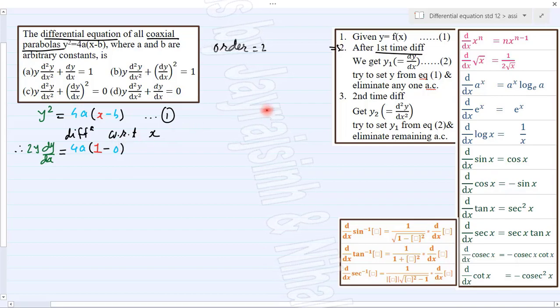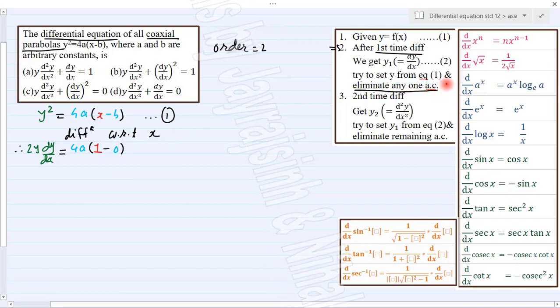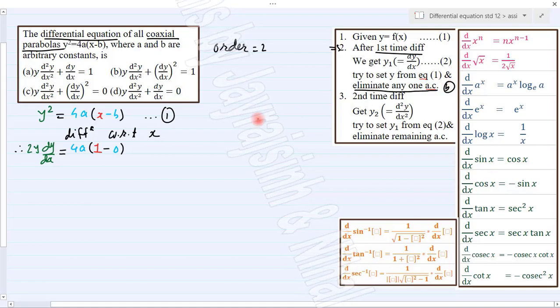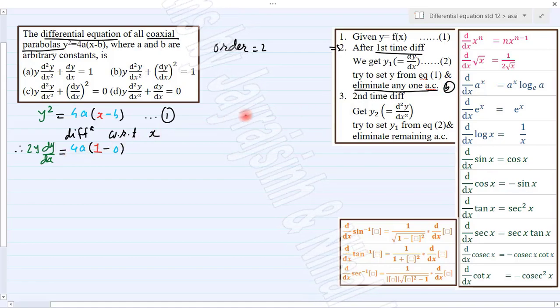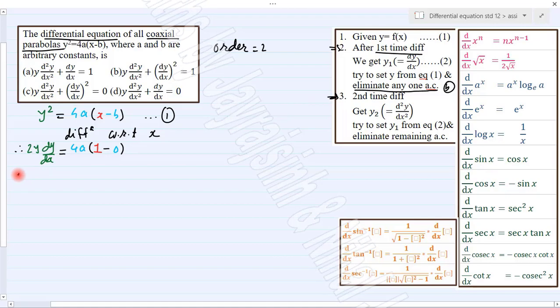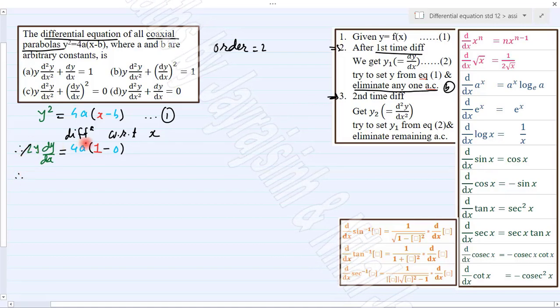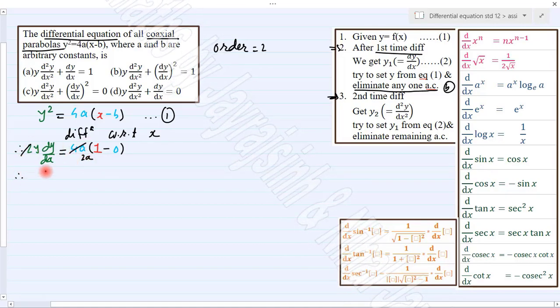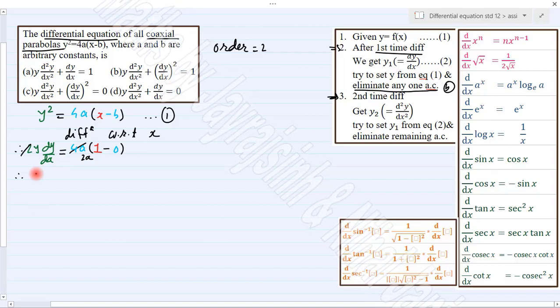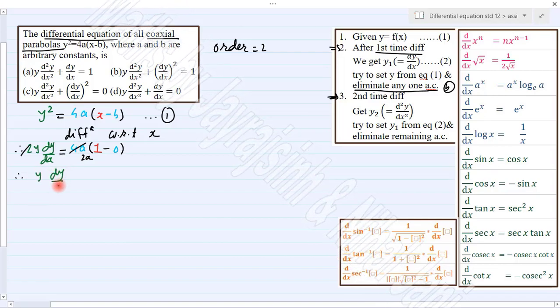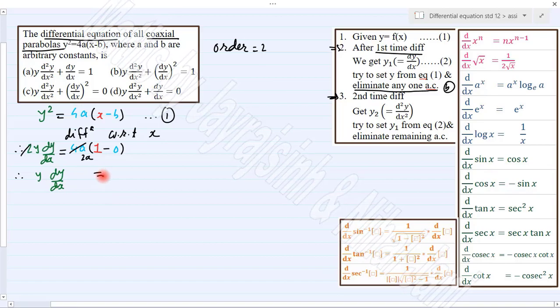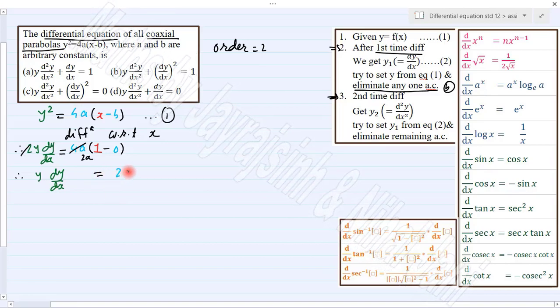So here we eliminate one arbitrary constant, which is b in this case. So before we go to the third step, let's simplify. We can cancel out this 2 and 4a will become 2a. So here we'll get y into dy by dx is equal to 2a.